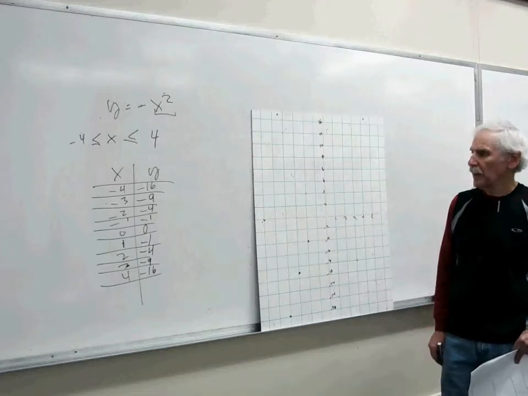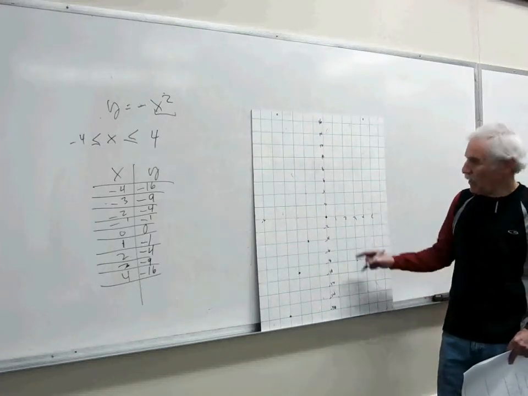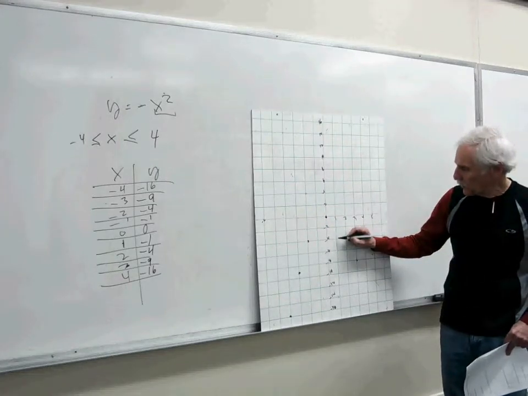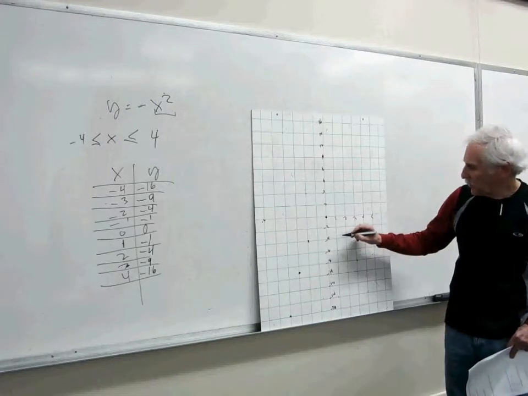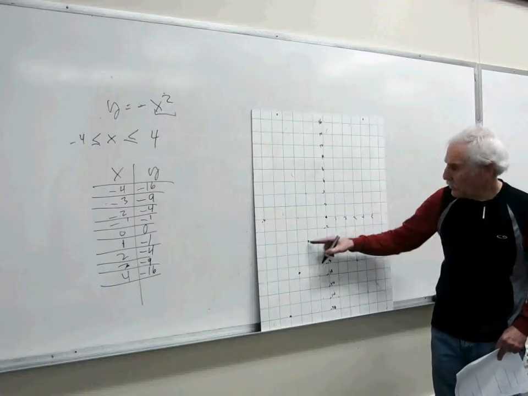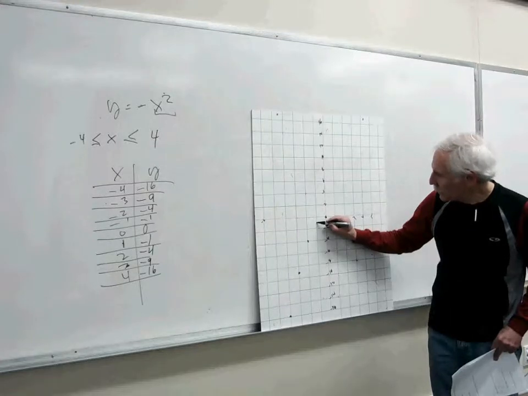0 and 0, that's the origin. And now we're going to go out to the plus side. When x is equal to 1, y is equal to minus 1. Wait a minute, I missed the point, didn't I? This is minus 2, so minus 1, minus 1 is right there.